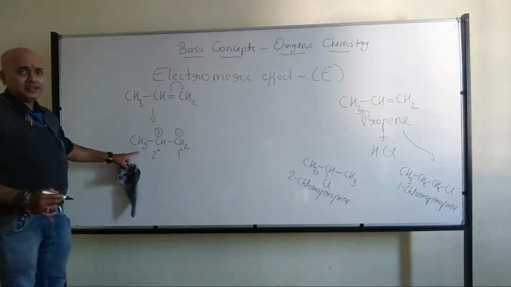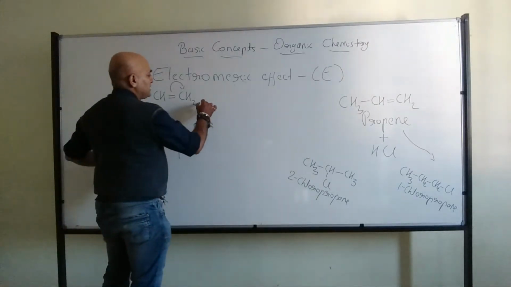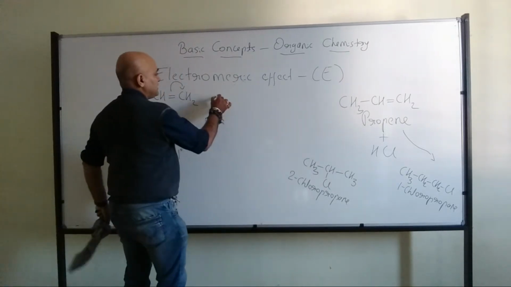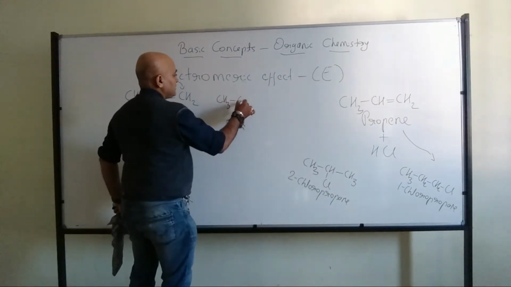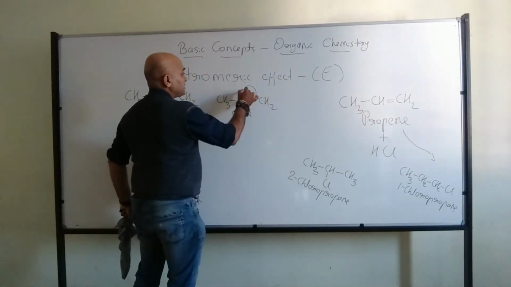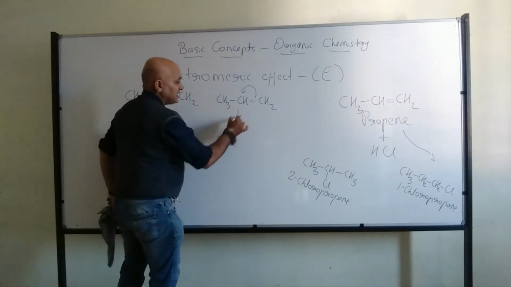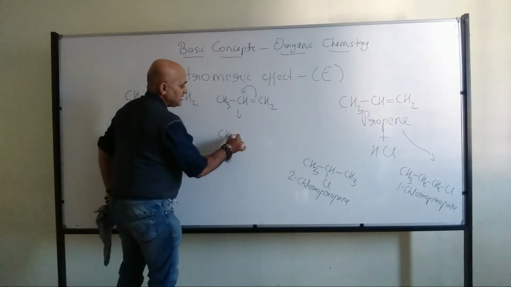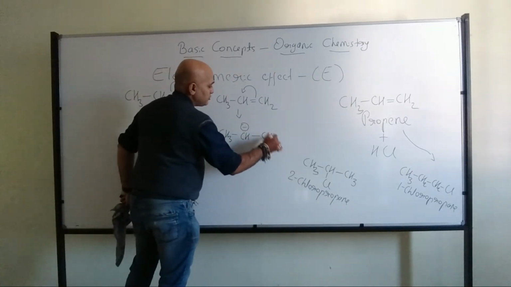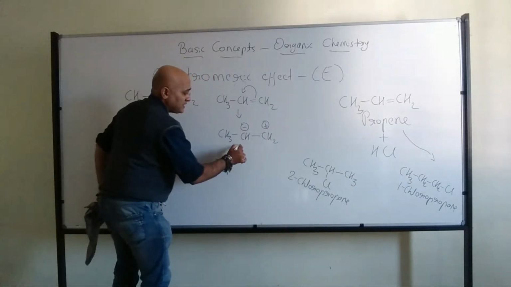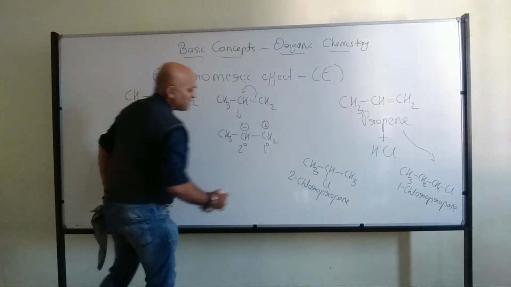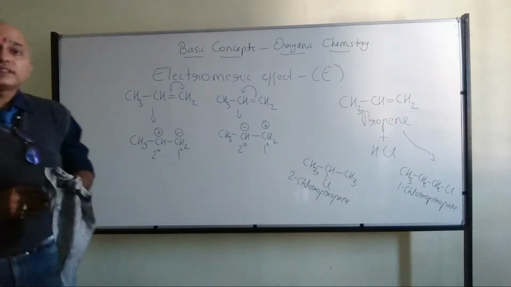This is the intermediate. If I take another approach, another way, CH3 CH double bond CH2, if the electron is shifted towards this side, now I can have CH3 CH minus CH2 plus. So that means I have got a secondary carbanion and a primary carbocation.